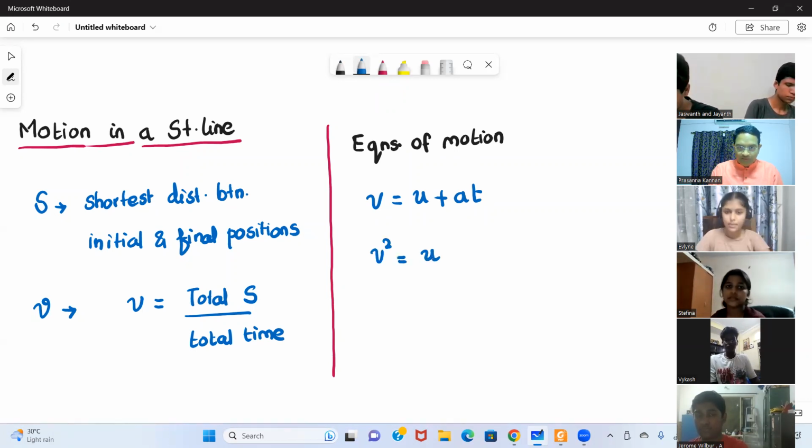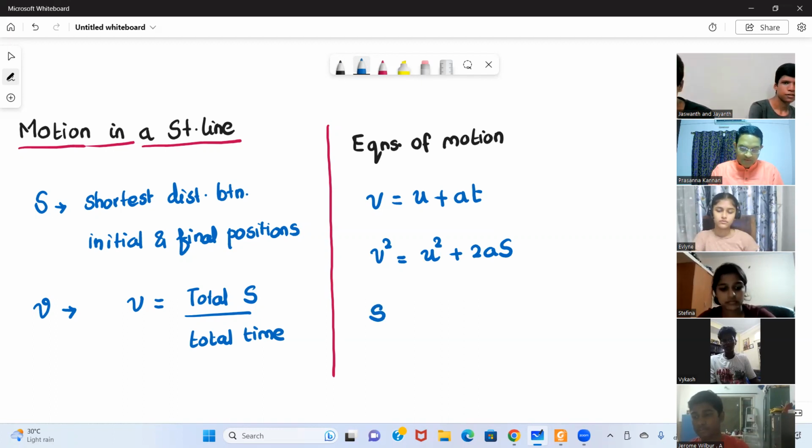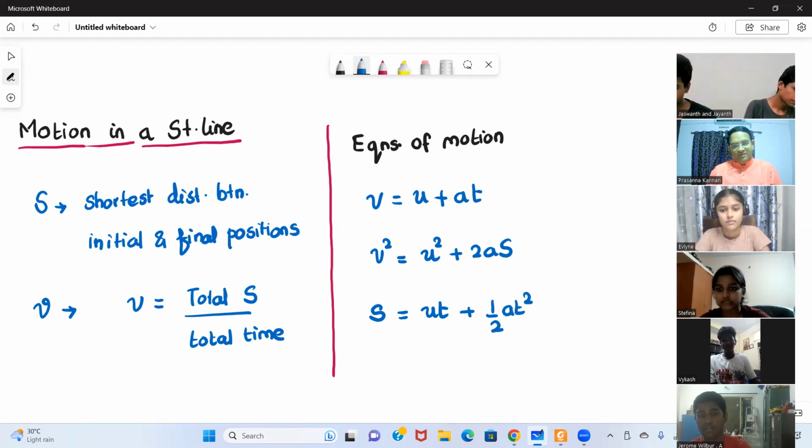V square is equal to u square plus 2as. S is equal to ut plus half at square. And we had also learned these are the three main equations of motion.